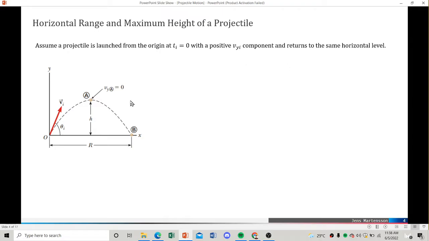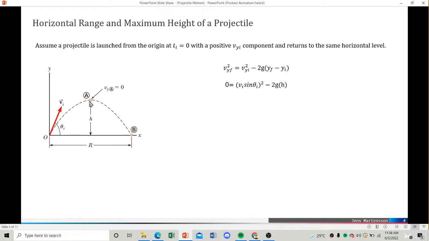From the three kinematic equations, we have the equation mentioned before: v_yf squared equals v_yi squared minus 2g times the final distance in the y direction minus the initial distance in the y direction. So we will analyze from this point to this point here.